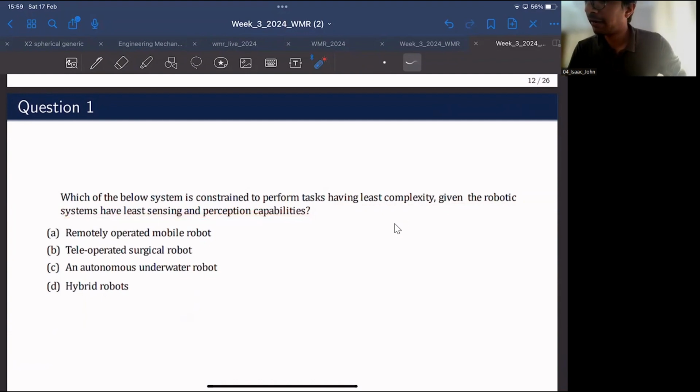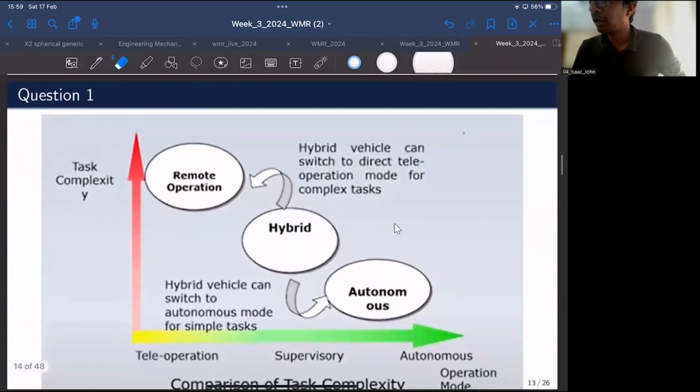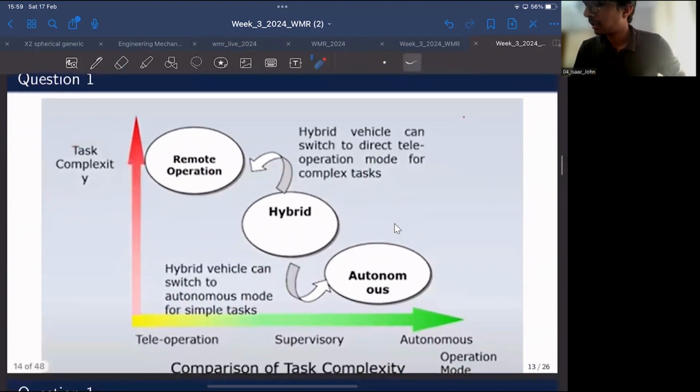So earlier we have seen a flow chart which maps, I think I will reproduce that image actually. If you can recall from the beginning of this session, we have seen a graph that correlates the complexity of a task with the level of automation that can be incorporated onto the robot.